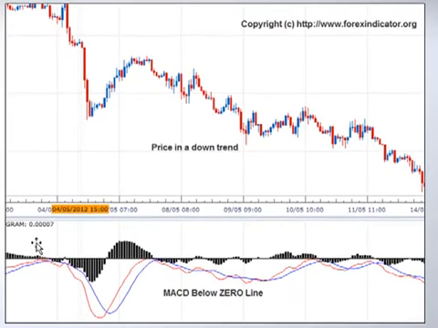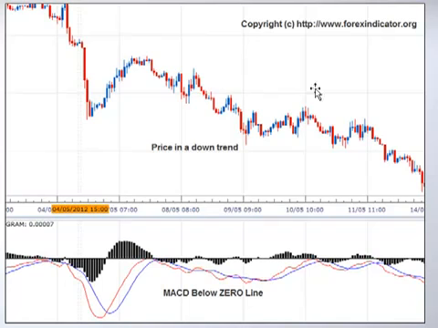If you see the MACD line is above the zero line all the while, you'll find that the price is always moving in a strong uptrend. So from the MACD line itself, whether it's above or below the zero line, and for how long, it can tell you whether the market is currently in a strong uptrend or a strong downtrend.